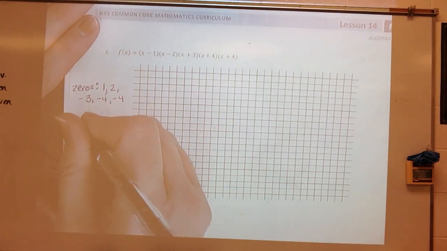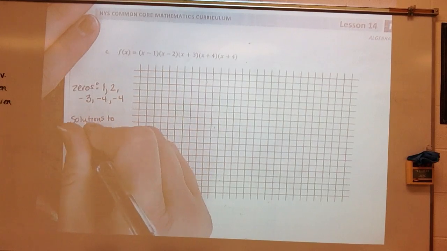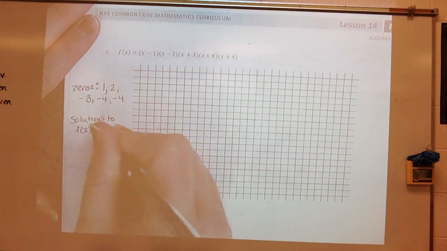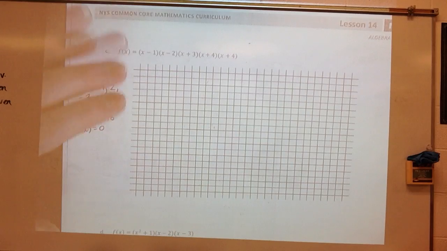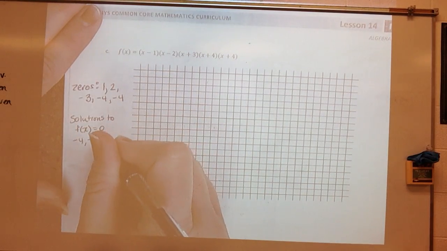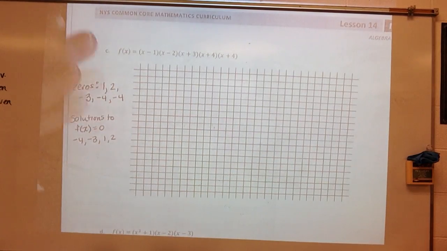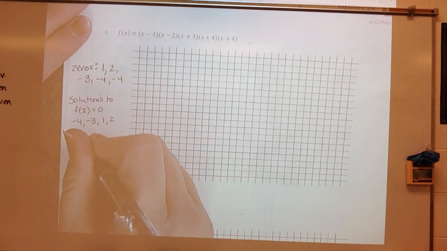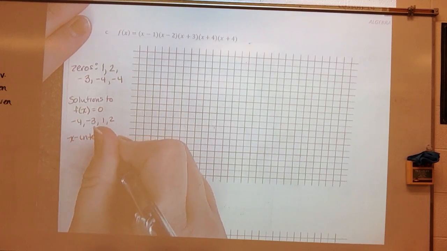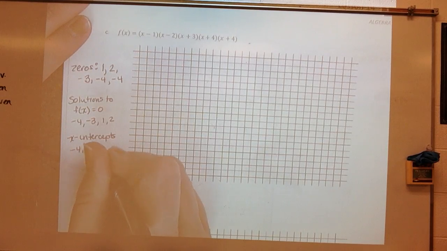So my solutions to f of x is equal to 0 would be negative 4, negative 3, 1, and 2. My x-intercepts, where does it cross the x-axis? At negative 4, negative 3, 1, and 2.